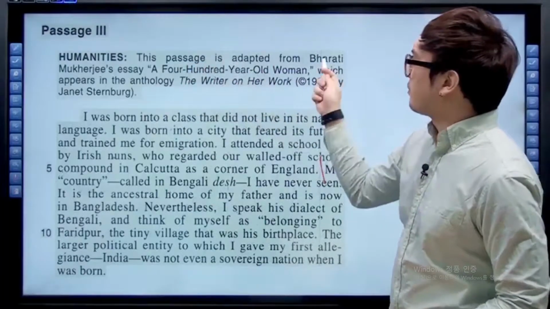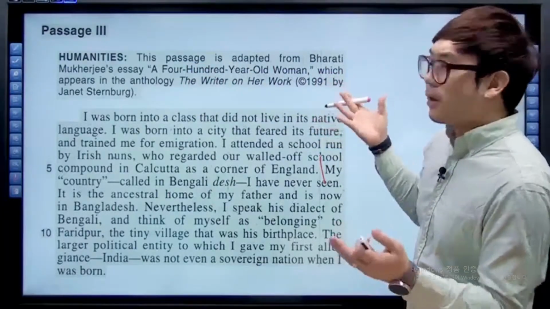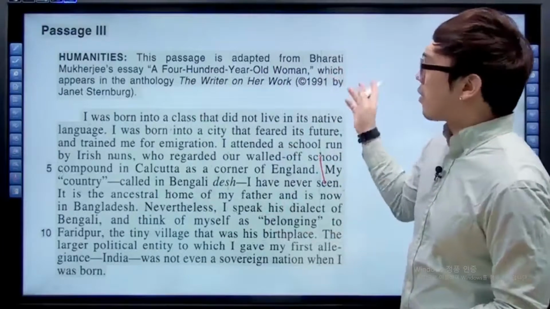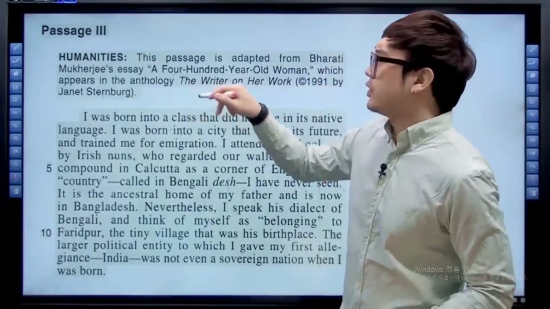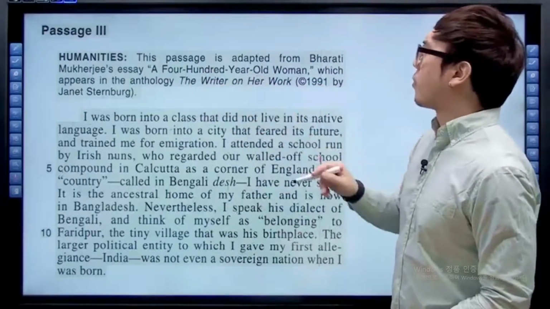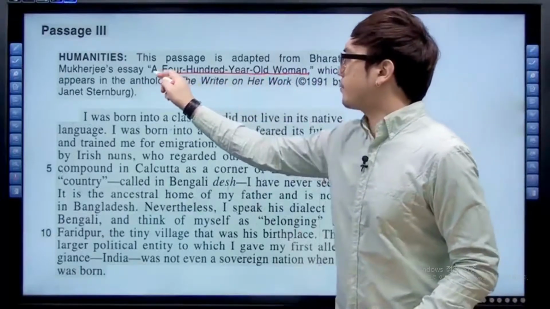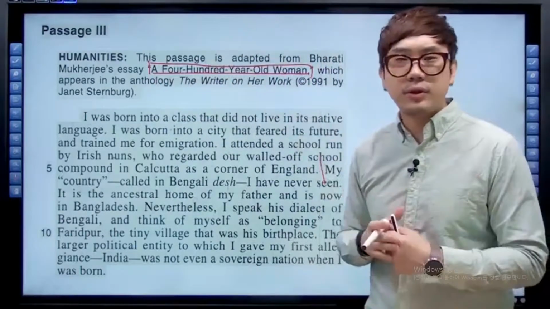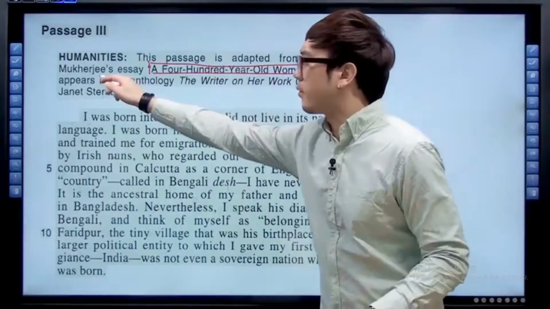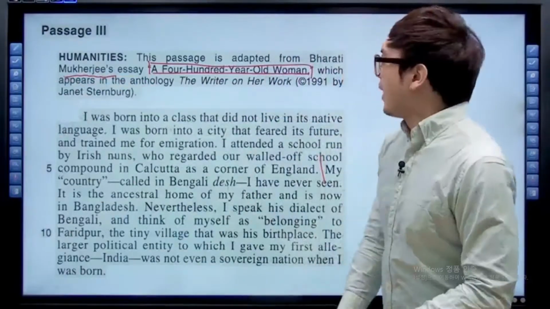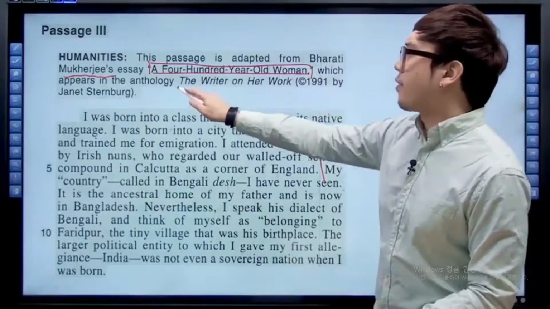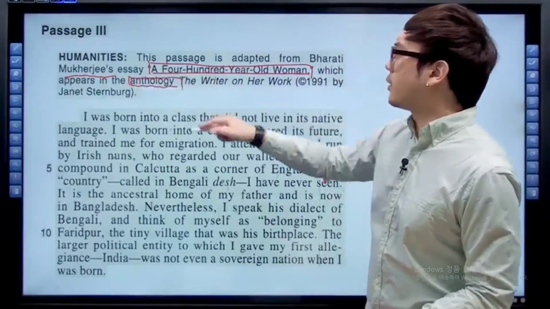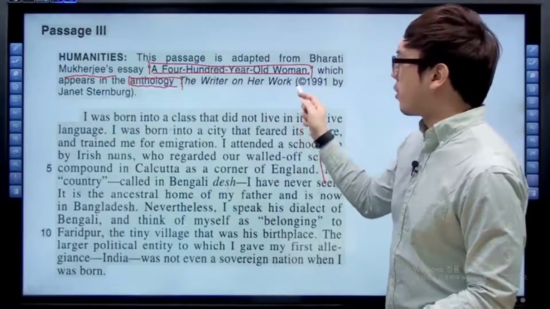So the first thing, of course, is to read this part. This passage is adapted from, obviously a difficult name, Bharati Mukherjee's essay, A 400-Year-Old Woman. I'm not sure if I'm pronouncing that right. It says it appears in the anthology, which is a collection of essays, The Writer on Her Work.